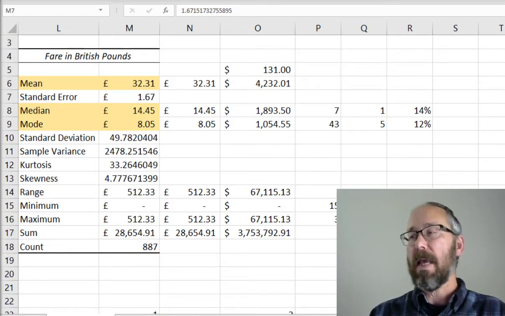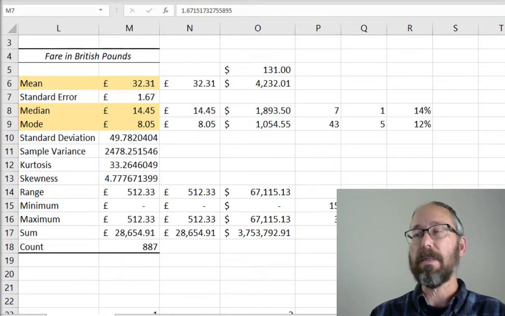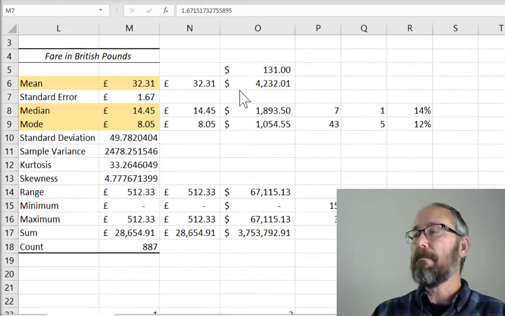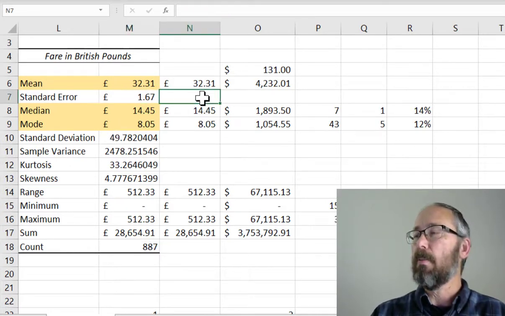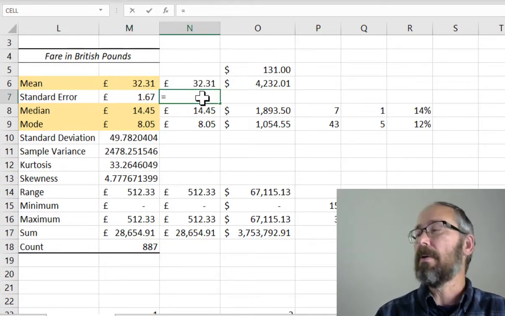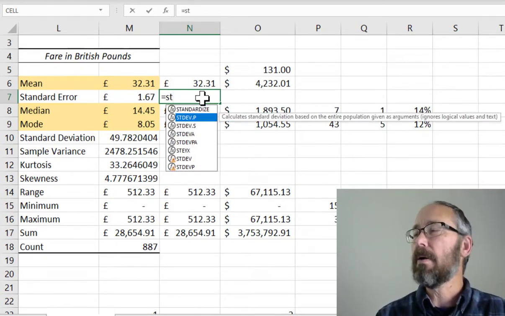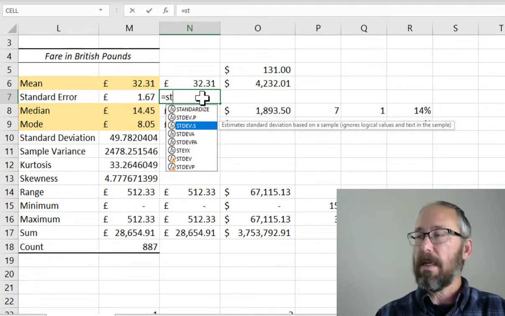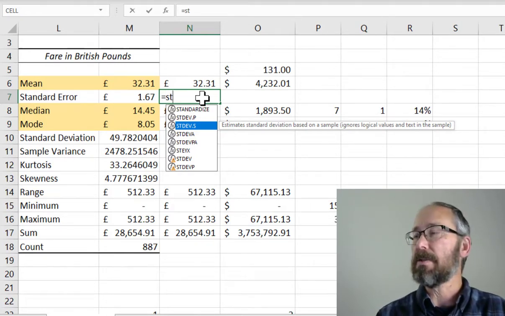Now, there's not a formula function in Excel to calculate the standard error, but you can certainly do it on your own. And it's going to use something that's called the standard deviation, which we'll cover later, that's down here. But we can certainly plug that in, equals standard deviation, which is right here. I'm going to select the standard deviation of the sample, which is what Excel uses in the analysis Toolpak.